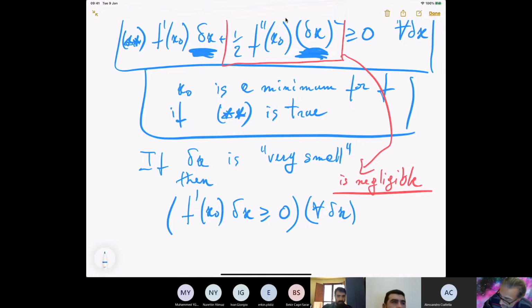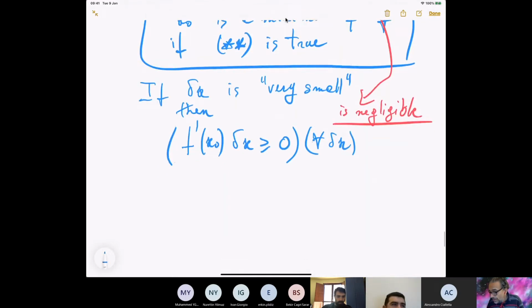Now you have a number. You multiply this number times every small number, negative and positive, and this number has to be greater or equal than 0.